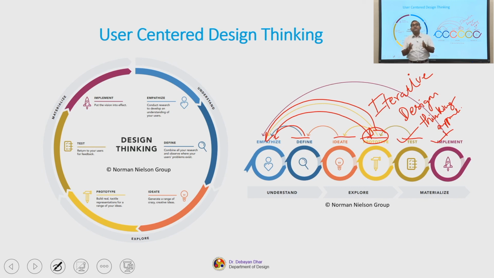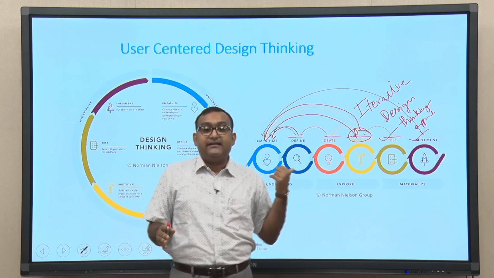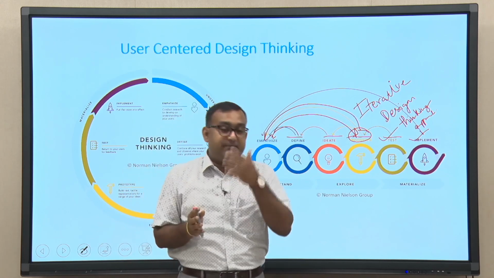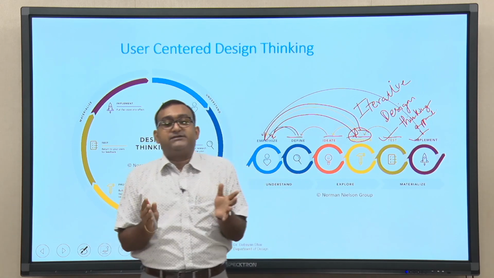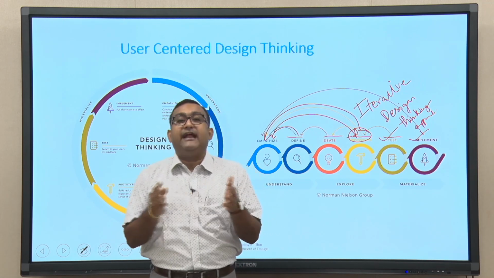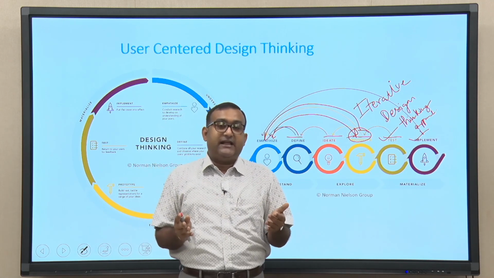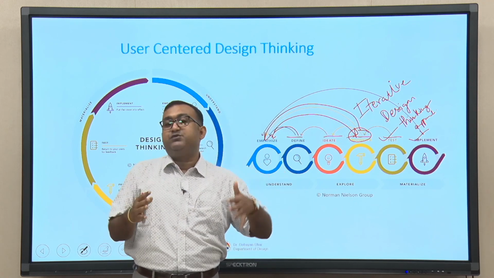In order to reach these objectives of designing a usable system that is accurate, efficient and provides a higher degree of satisfaction, we have to learn how to design such a system. And the design thinking approach suggested by Norman and Nielsen would allow us to understand that in great detail. In the subsequent lectures, we will discuss each phase in detail.